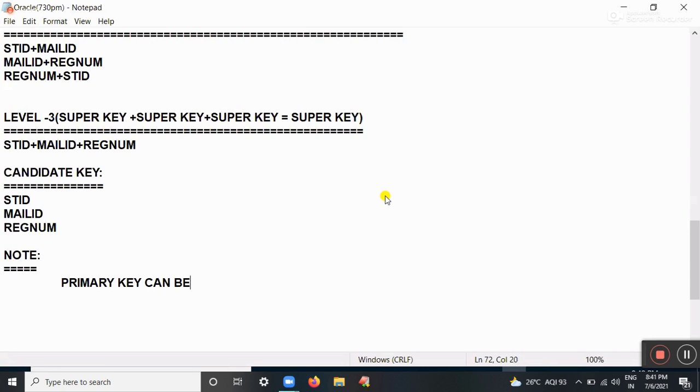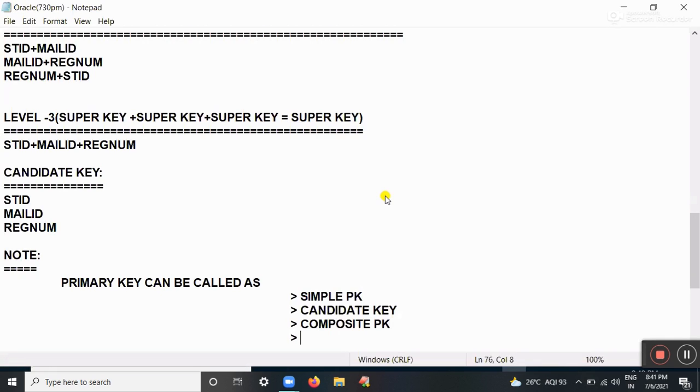For example, when we define a primary key on a single column, then it is called a simple primary key, a candidate key, or a super key.